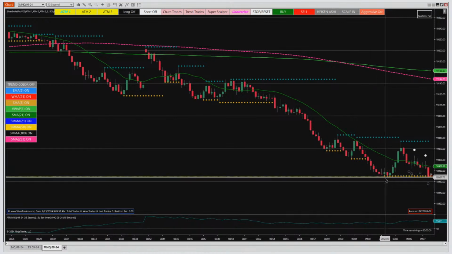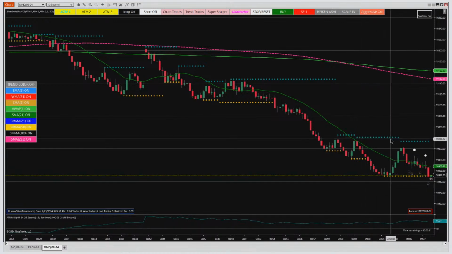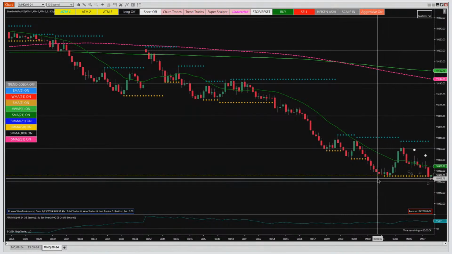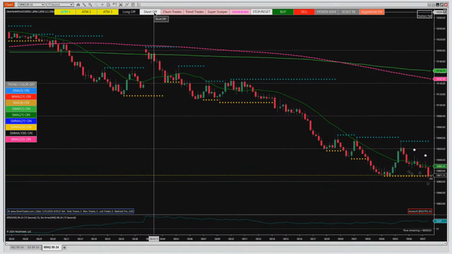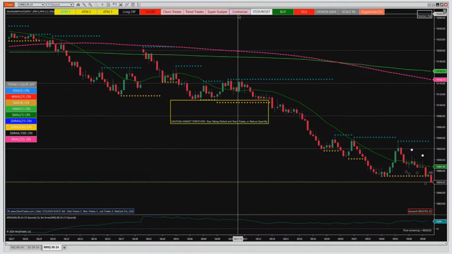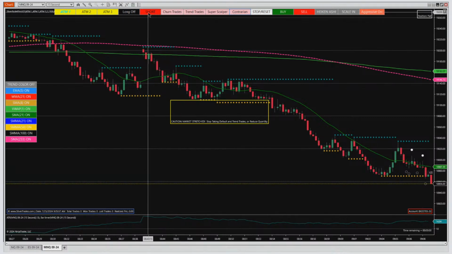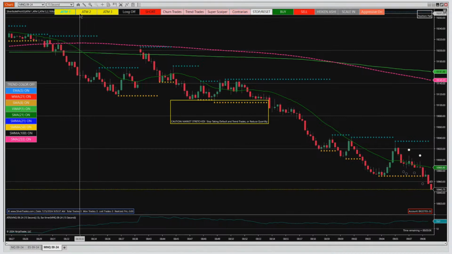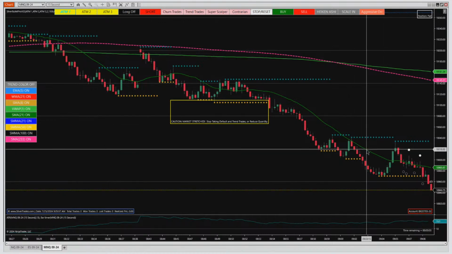If anyone wants to know which indicator this is, these dotted lines are basically the swing indicator. So I'm turning default on.